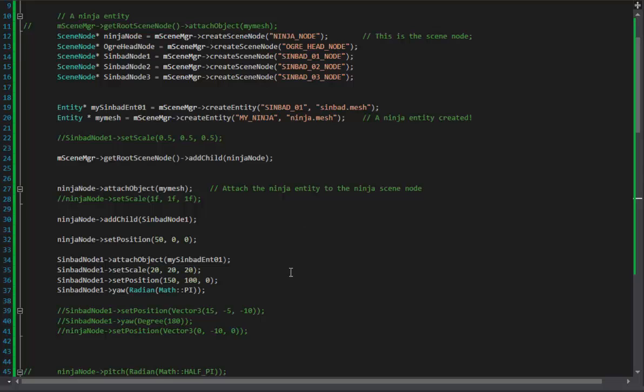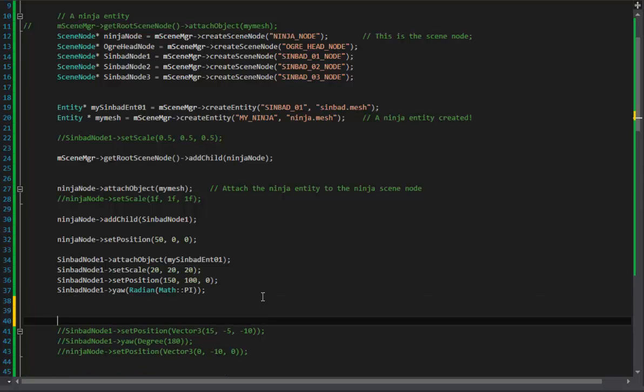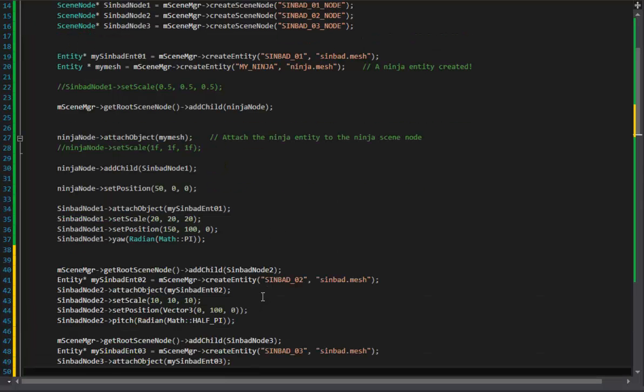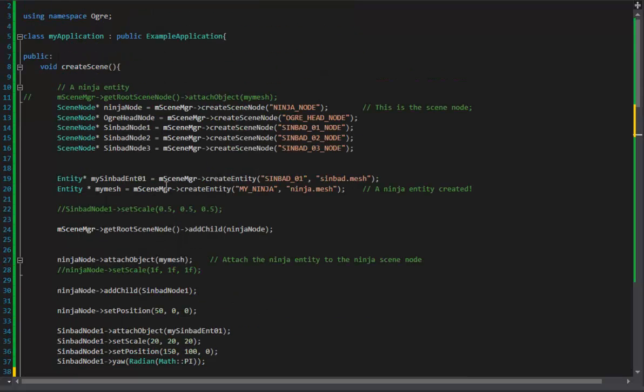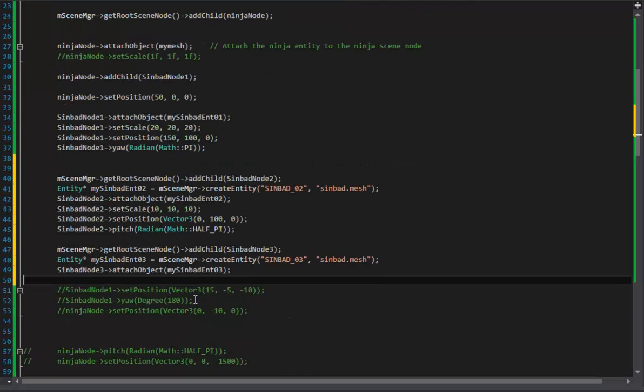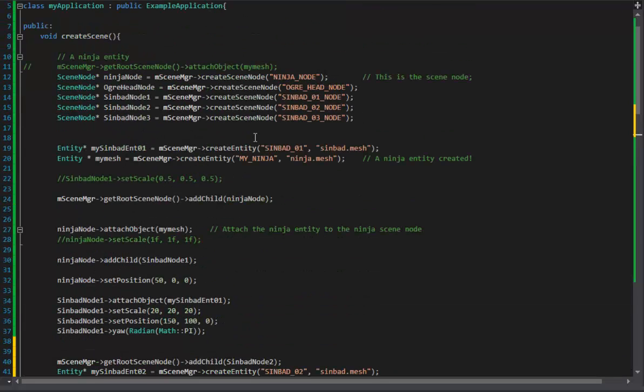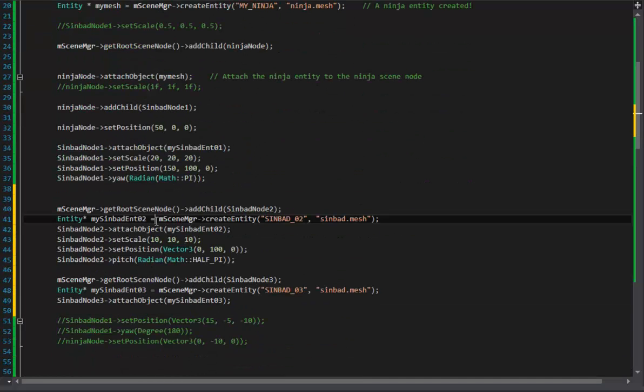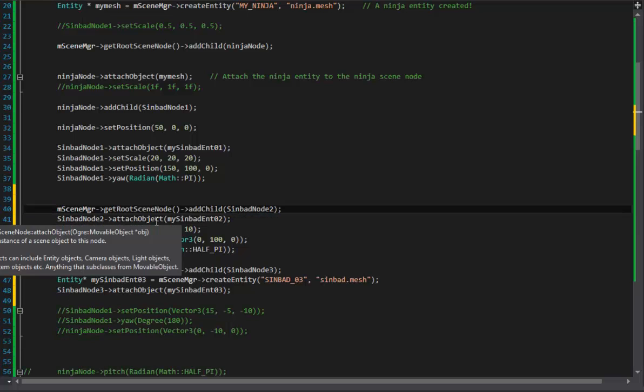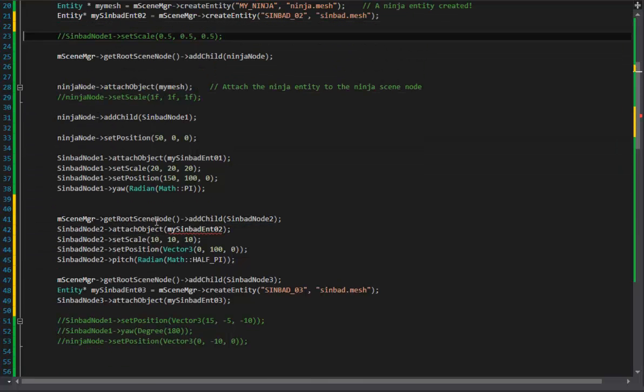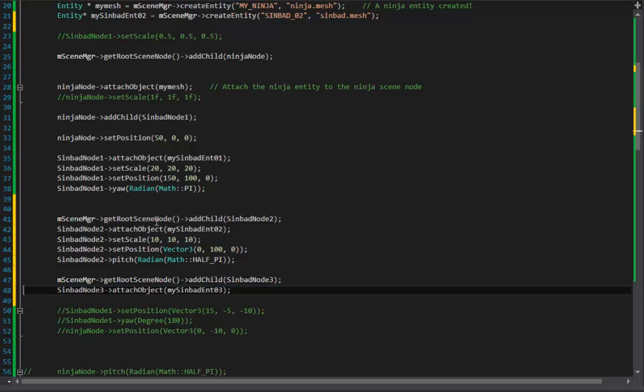So let's place them here and see which ones we need, and we recycle them. So I already have Sinbad node 1 and 2 and 3 created, so I don't need those. Do I have entities for them? I don't. So let's bring in the entity for Sinbad node 2 and the entity for Sinbad node 3.